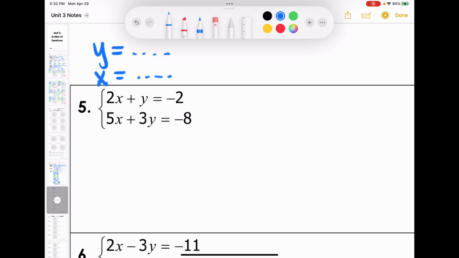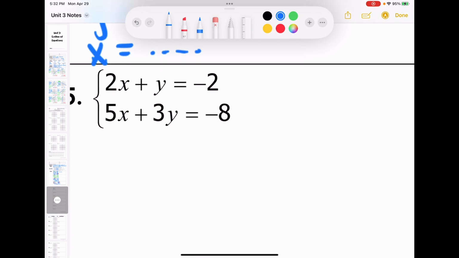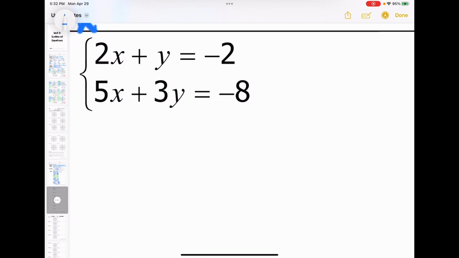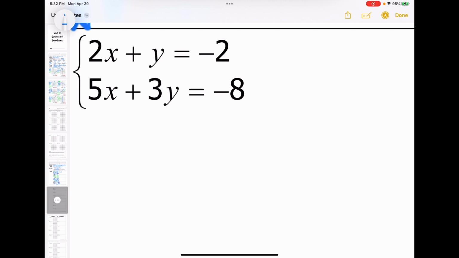So now we have to figure out what equation we're going to choose. So looking at our two options, I want to pick the equation where there is a variable without a visible number beside it. So for example, this x has a 2 beside it, this x has a 5 beside it, this y has a 3 beside it, but this y, there's no visible number. We know it's the number 1, but there's no number sitting right there.